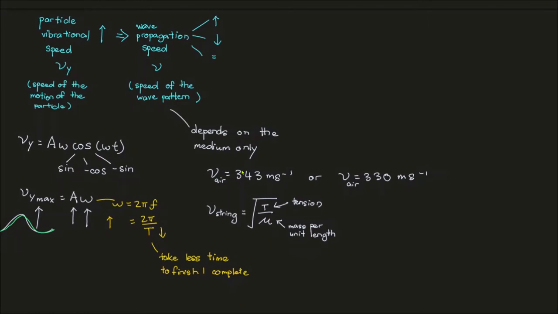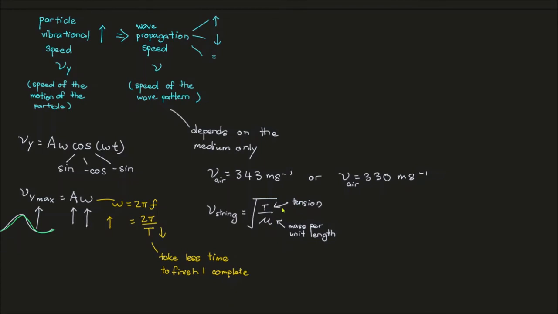But when it comes to a string, you can be stretching the string with different tension. You can have different kinds of string. Some strings are more massive, in your words heavier, or some strings will be lighter, some strings will be made out of different material. So all these things are actually affecting how the wave propagates on the string, because these things are making changes to the medium.